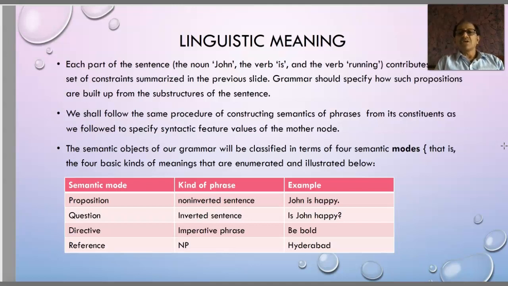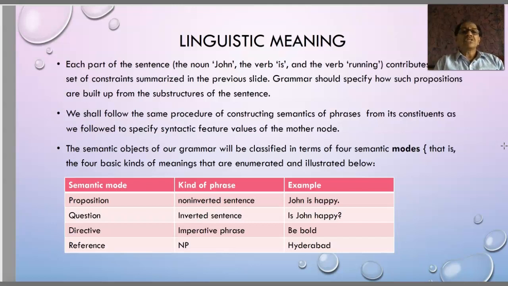When I say they contribute to the meaning of the sentence, that means they contribute to the set of constraints which we have seen. That is, there is a situation which is a running situation, there is an individual who is John, and that situation is happening around the time of the utterance.